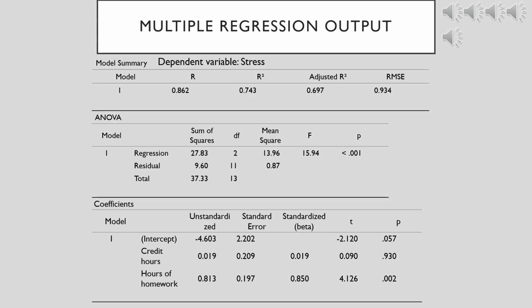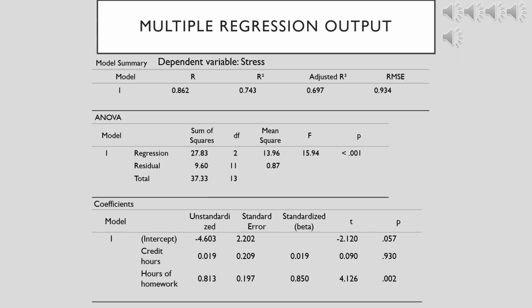The t-value associated with that, which we're not worried about too much, is 0.090. And the p-value associated with that is 0.930. That is a lot larger than 0.05, which means credit hours is not a significant predictor of stress when you're controlling for hours of homework.